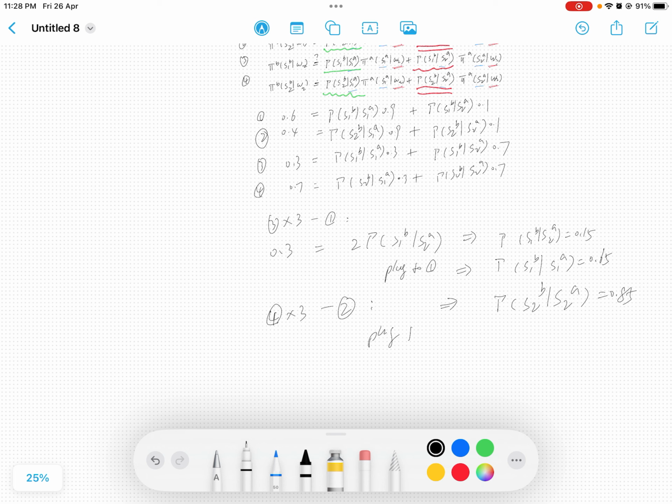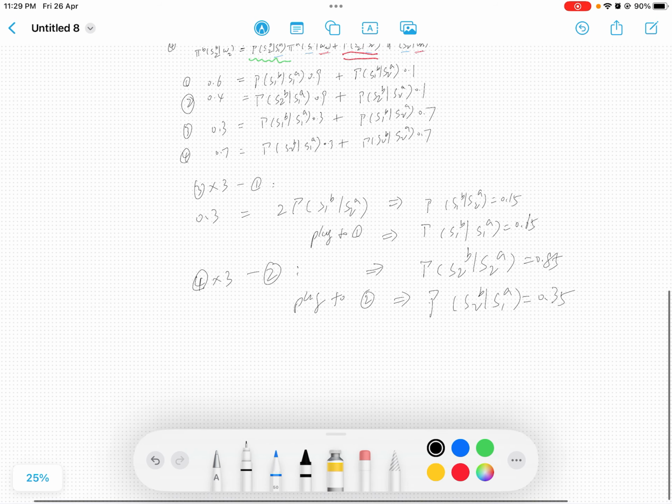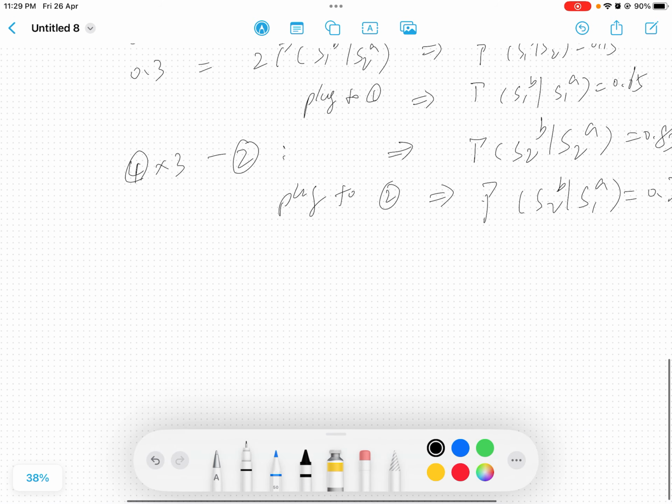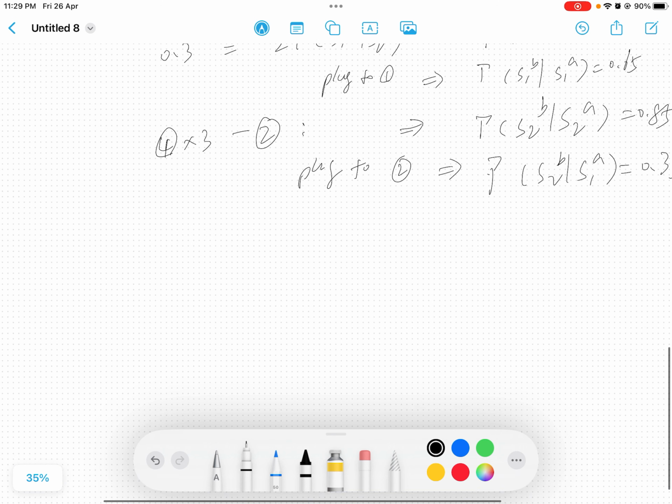And then we plug this into number 2 to get gamma S2b given S1a is 0.35. Okay, so now we have all those results, and we can actually write them together, right, in the matrix.